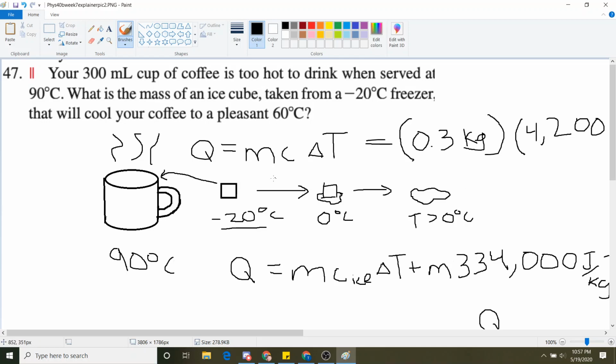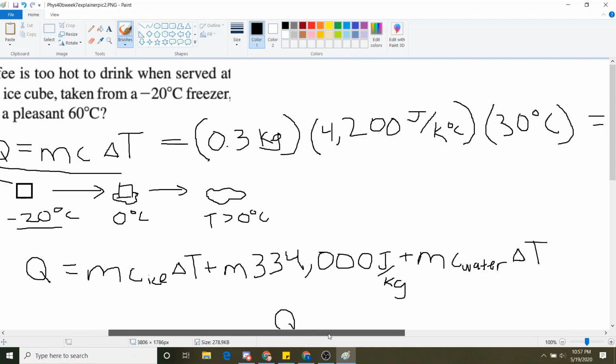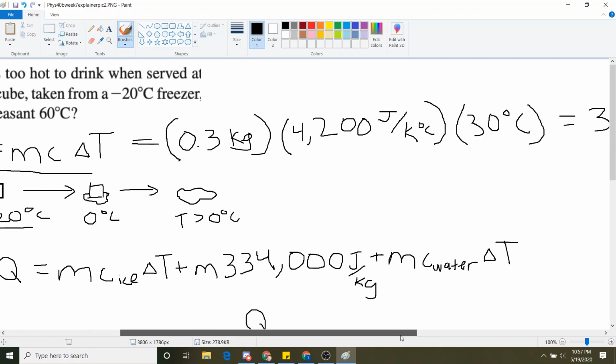In order to find out how much energy will be lost by the cup of coffee, we can just use the heat energy equation. We can assume that a cup of coffee is basically the same weight as water, so if we convert milliliters to kilograms, we get 0.3 kilograms.